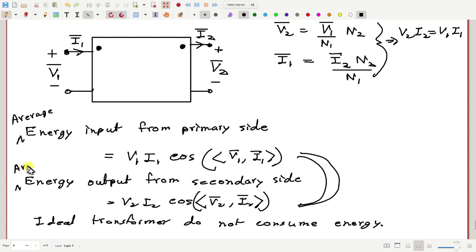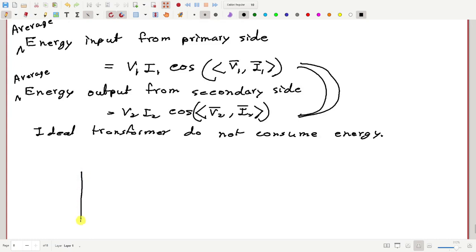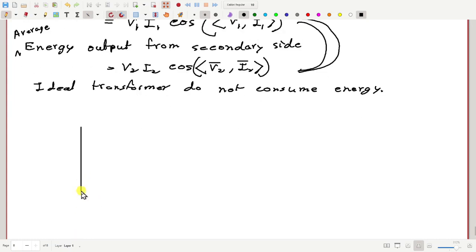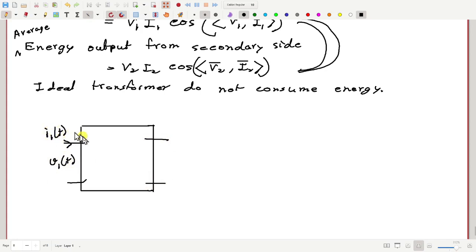Not only average energy, but if I talk about instantaneous energy also, in terms of instantaneous voltage and current, if this is V1 as a function of time, this current is I1 as a function of time, here is a dot, here is a dot, I2 as a function of time, V2 plus minus as a function of time, here V1 is like this plus minus.